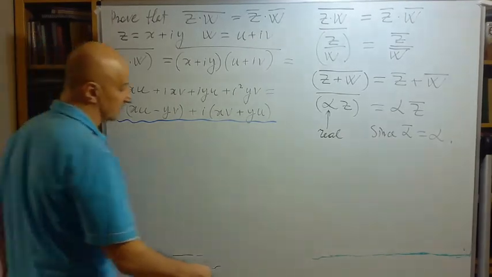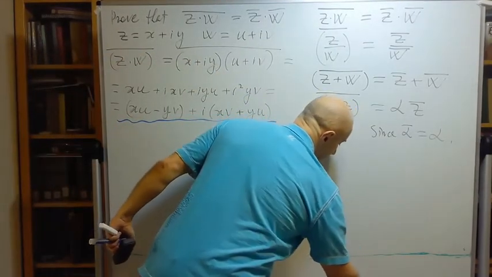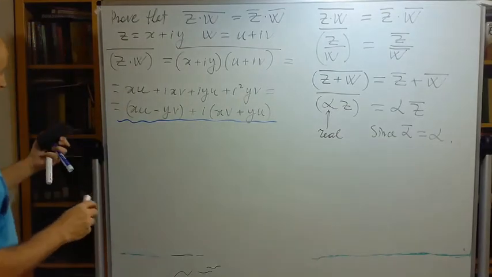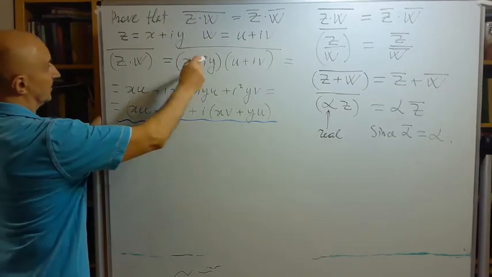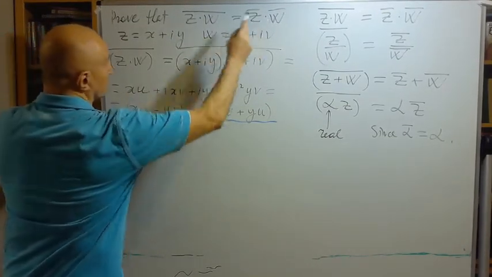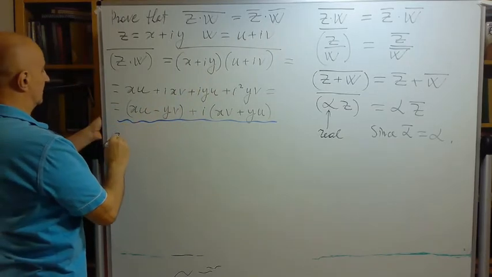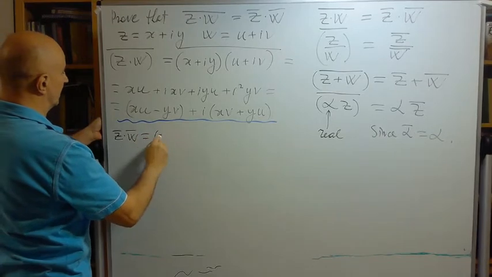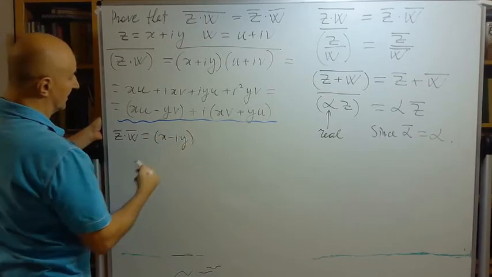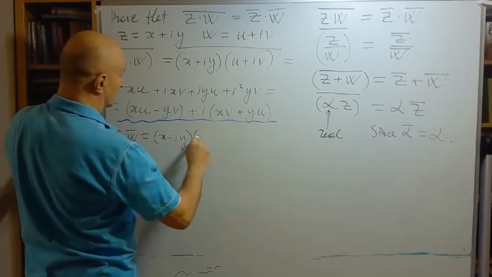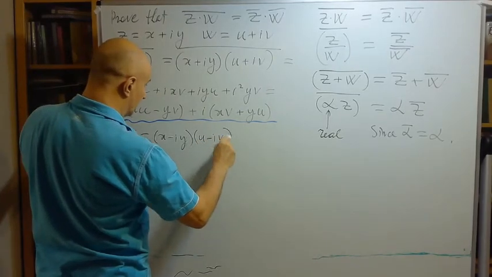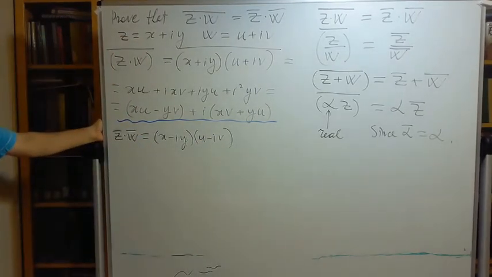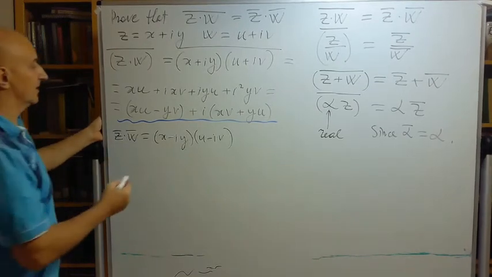Let's consider the next expression. The next expression will be what? z conjugate multiplied by w conjugate will be x minus iy, that's z conjugate, multiplied by u minus iv. That's what conjugation is, we put minus before all i's that you have.